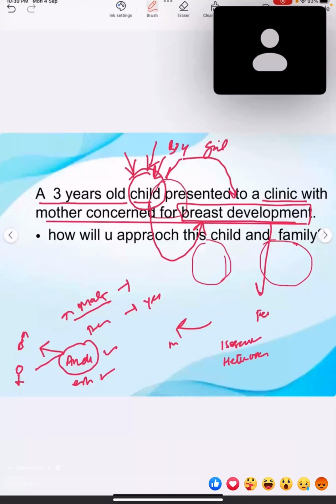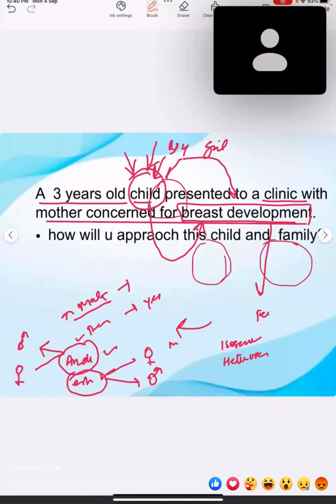Likewise, what is the function of estrogen in female and in male? Males also have estrogen, and females also have androgens. So this will define whether this is isosexual precocious puberty or heterosexual precocious puberty.